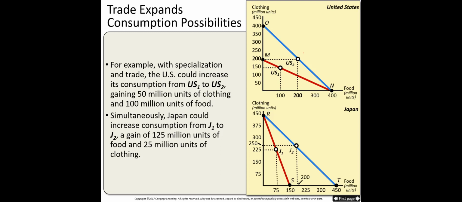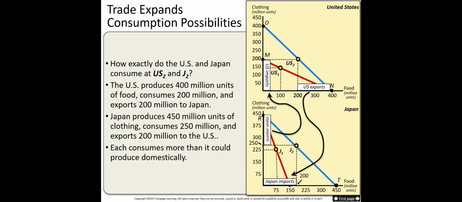And with that new curve, the US is now consuming 200 clothes and 200 million of food, which is higher than previous production. Simultaneously, Japan could increase its consumption from J1 to J2, and now Japan is also consuming more of both goods.